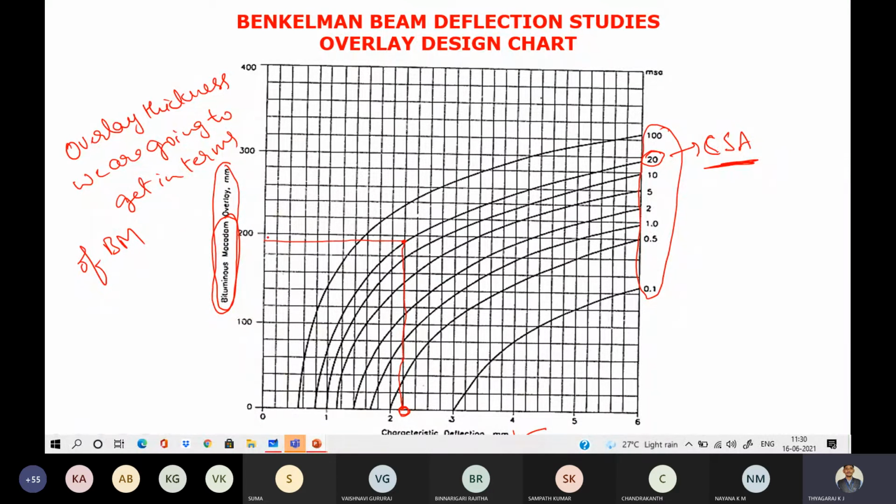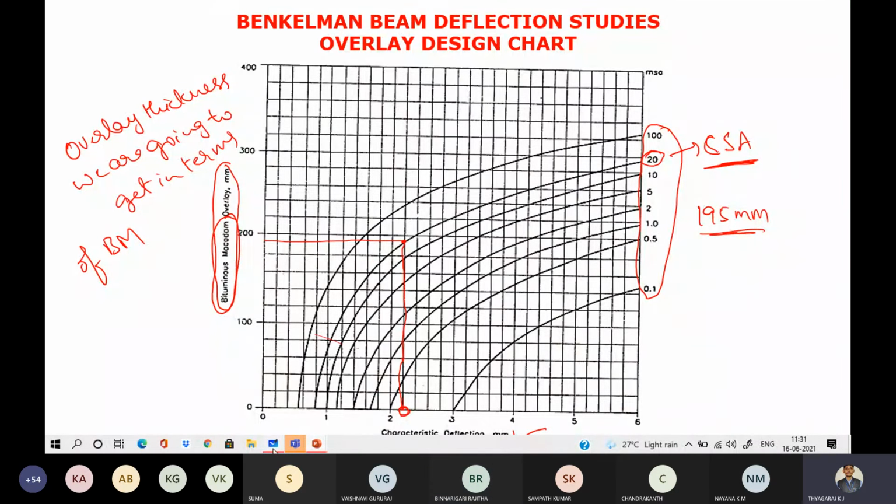So what will be the thickness we are going to get? 190 mm. This is 100, 20, 40, 60, 80. We'll consider 195 mm. Is it understood how to get this thickness of macadam? Yes, sir.